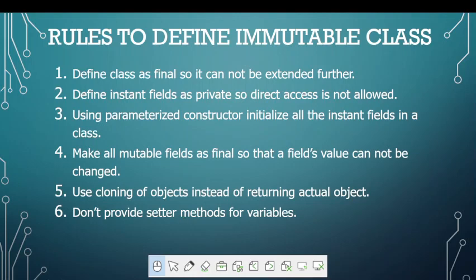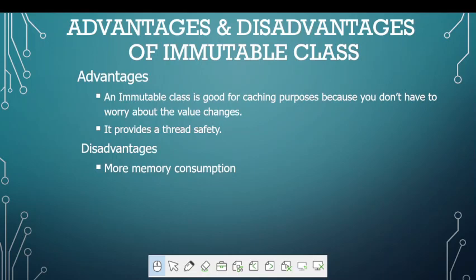Okay, now moving ahead, what are the advantages and disadvantages of an immutable class? As you have seen, it stores the value. That means it is good for caching purposes, because we don't have to worry about the value changing, because once the value is changed, a new object is created with that value, so the existing value will be there, and along with that the changed value will also be there.